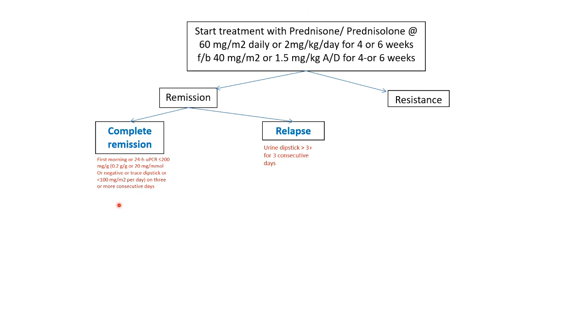Relapse is defined on dipstick only, which is urine dipstick more than or equal to 3 plus for 3 consecutive days. KDIGO also defines partial remission, which is first morning or 24-hour urine PCR more than 200 milligram per gram but less than 2 gram per gram, and if available, serum albumin will be more than 3 grams per deciliter in this patient.